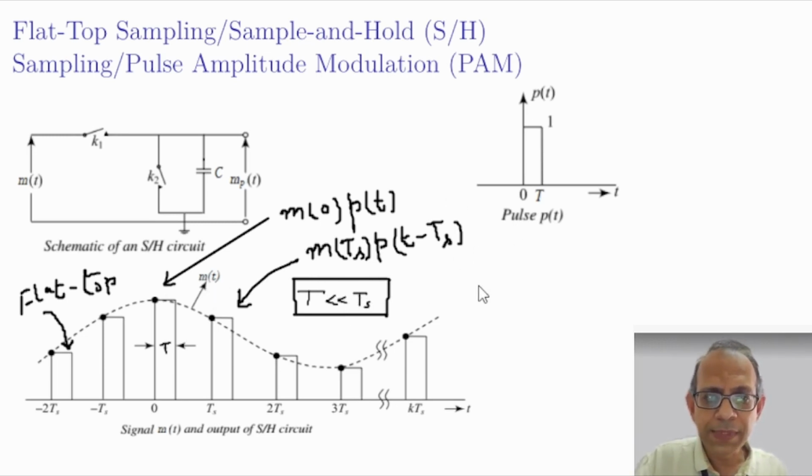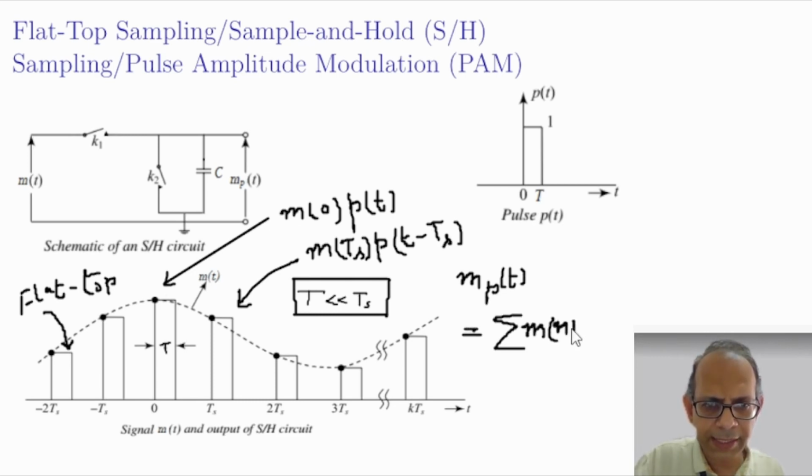So the signal m_p(t), the flat top sampled signal, can then be represented as a summation of m of nTs, the message amplitude at the integer multiple of Ts, times the basic pulse p of t shifted to nTs, where nTs is the nth sampling instant.